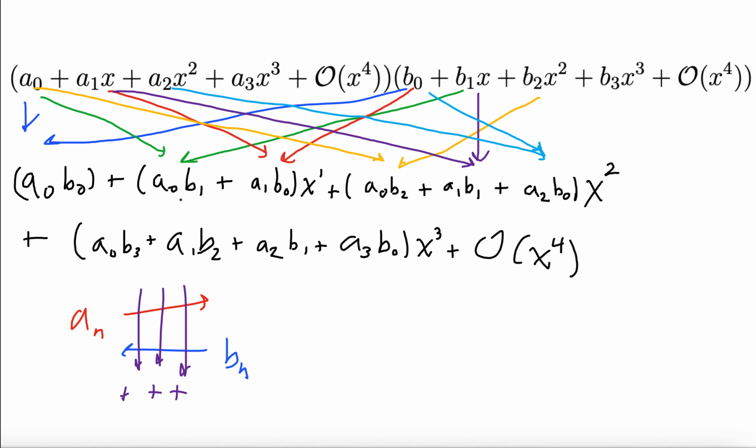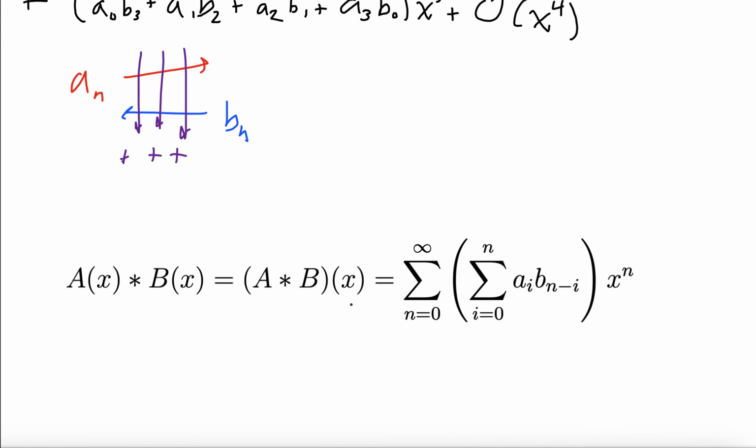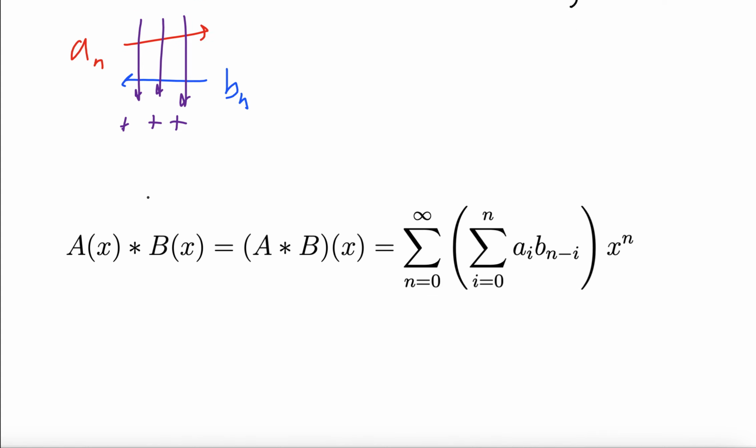And the result that we can write mathematically is the following. We write a star instead of a dot for the multiplication sign, but it really doesn't matter in the case of generating functions. You get a of x star b of x, or alternatively a star b of x, is another function c of x.